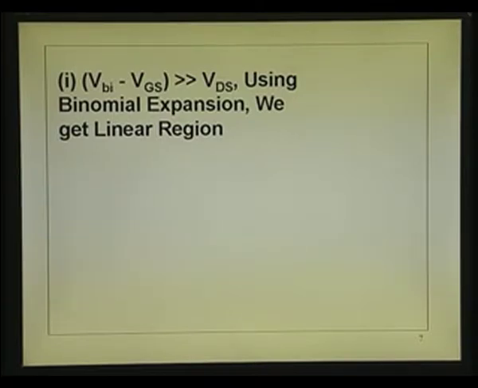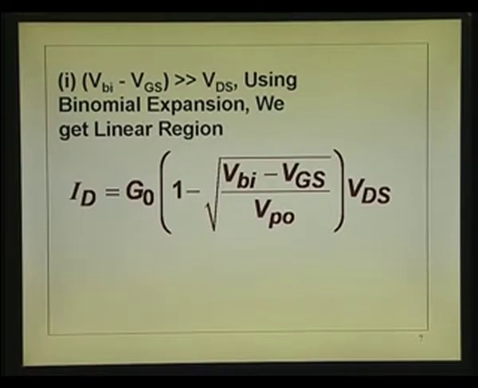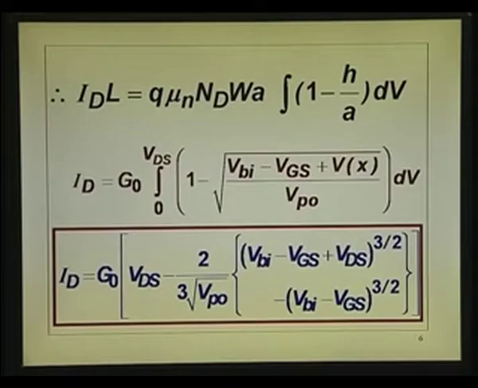V b i minus V g s much greater than V d s, and using binomial expansion we get the linear region. So, I think I will just quickly do that, so that you are not left with any hang ups on that.